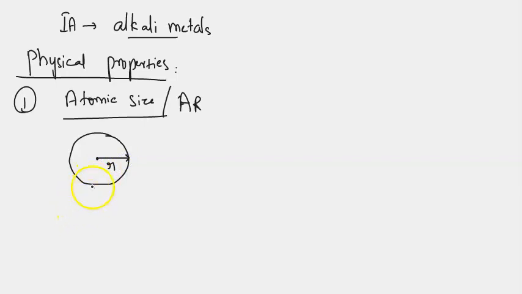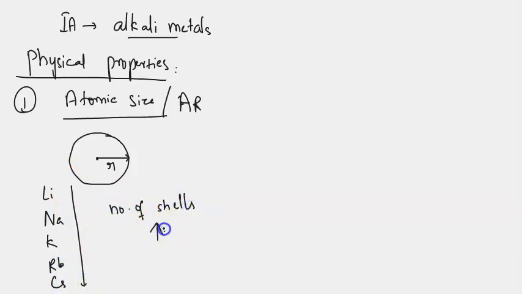So these alkali metals have the largest size in the period because these elements are to the extreme left of the periodic table, and as we go from top to bottom, since the number of shells increases, atomic radius also increases.